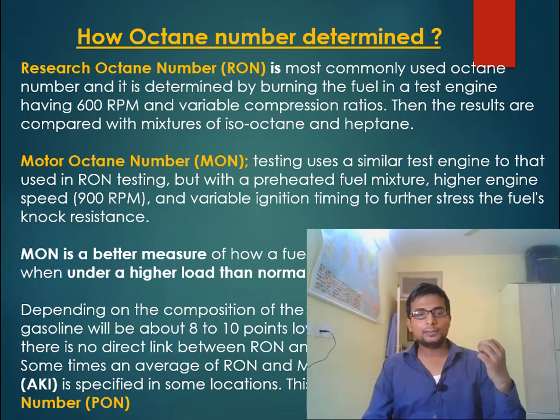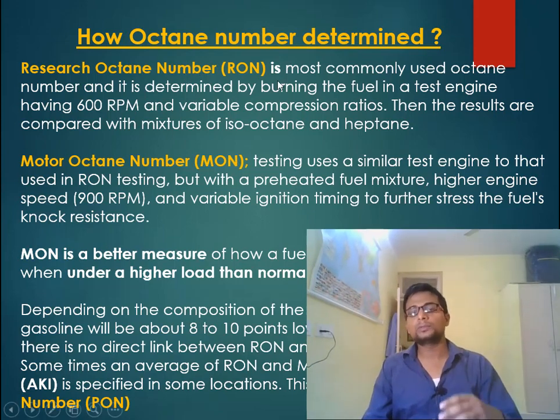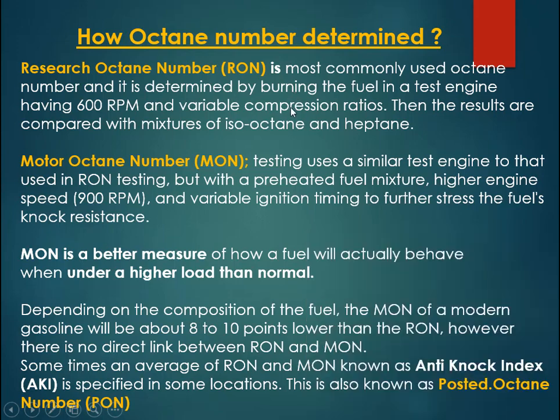So basically motor octane number will be lower compared to research octane number. Actually, motor octane number is a better measure of how a fuel will behave under a higher load than normal load, because research octane number is usually for a lower load, I mean a small car and all those things, and for a high speed car motor octane number may be a better indication of octane number.